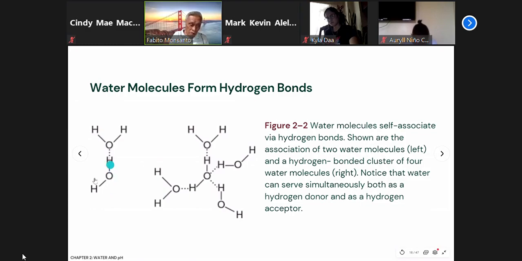This is a water molecule. This is also a water molecule. And this is negatively charged, and this is positively charged. So they form a bond. But the bond is a weak bond. That's why it is dotted.